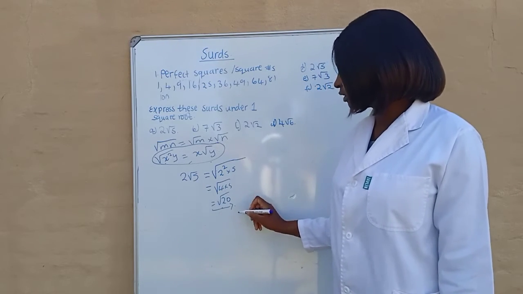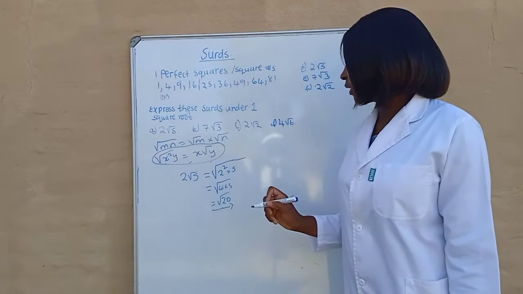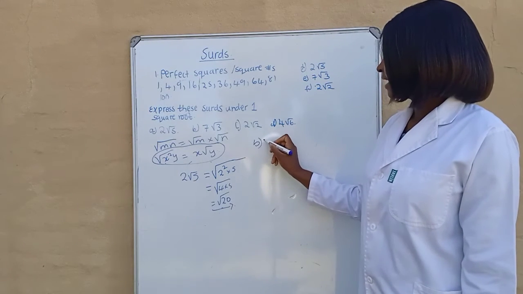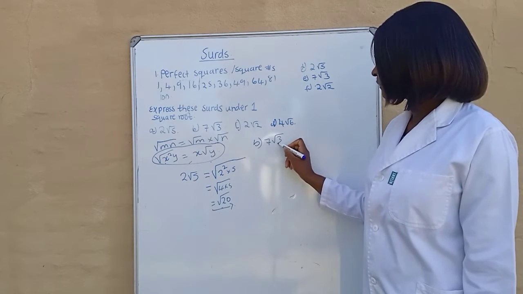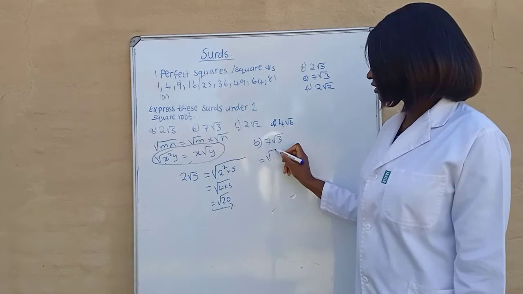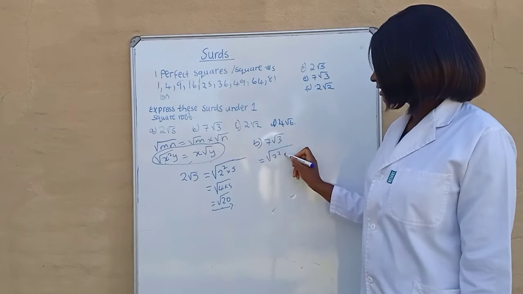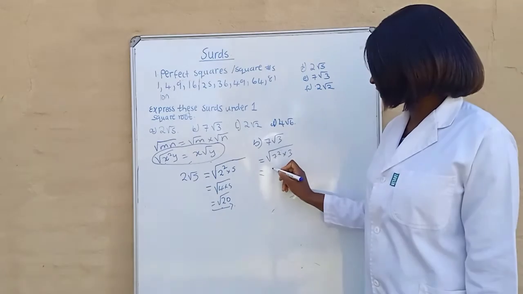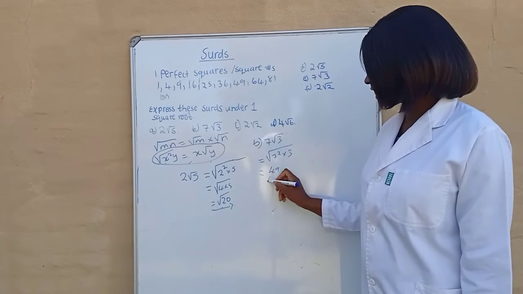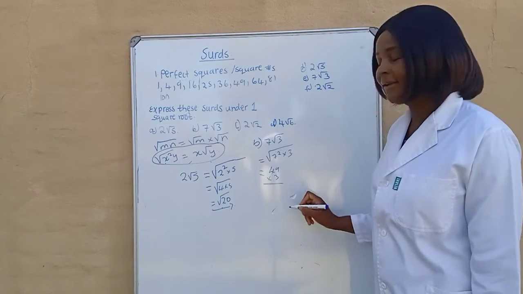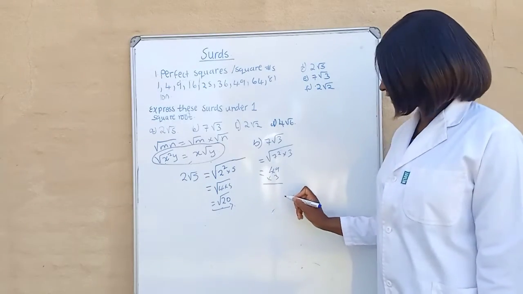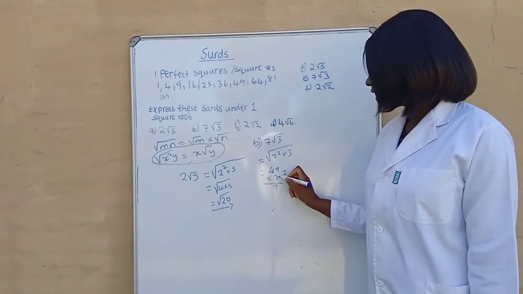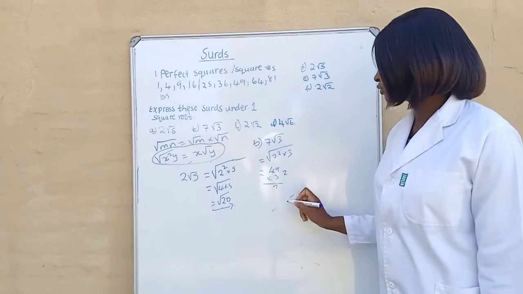I hope you guys are following. Then the second question, we have 7 root 3. So we are simply going to say the square root of 7 squared times 3. What is 7 to the power 2? It's 49, so it's the square root of 49 times 3. Let's multiply it manually: 3 times 9 is 27, 7 carry 2. 3 times 4 is 12, plus 2 is 14.